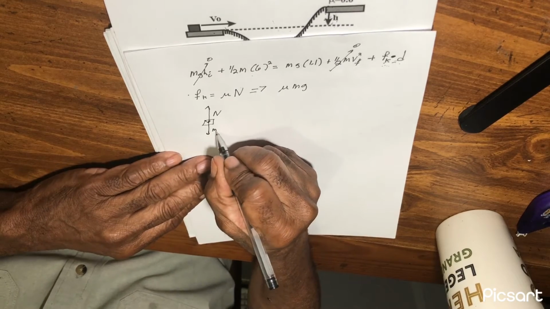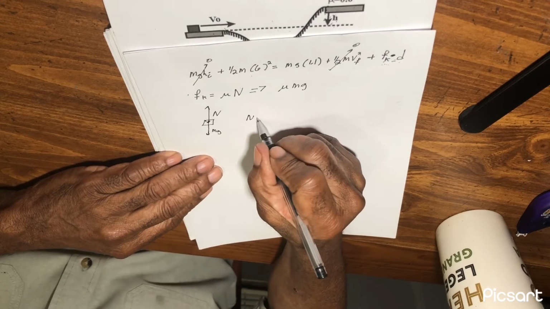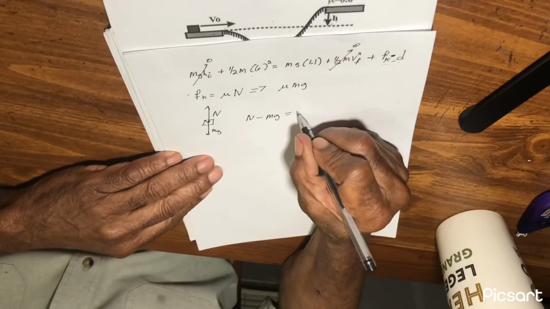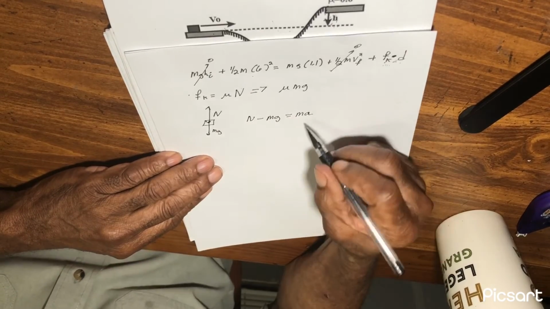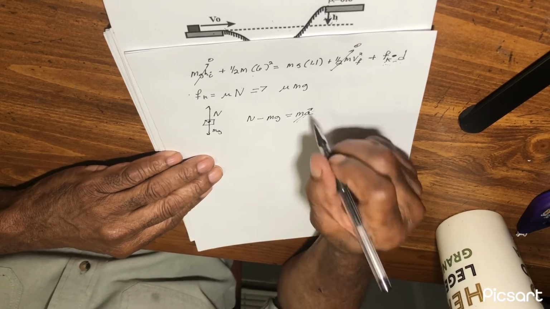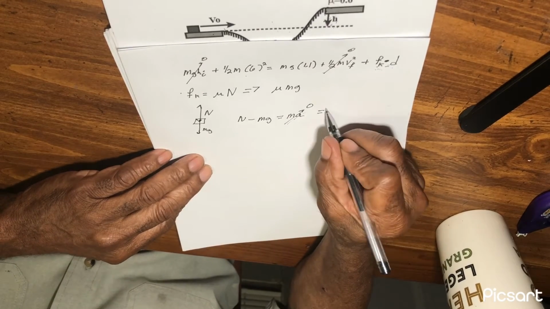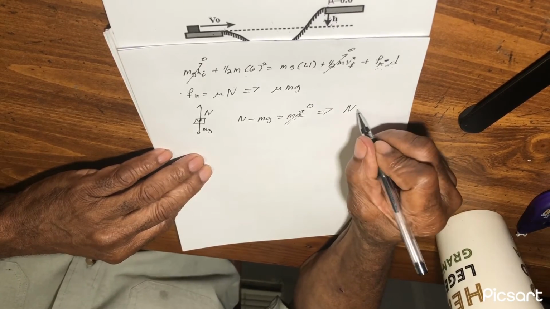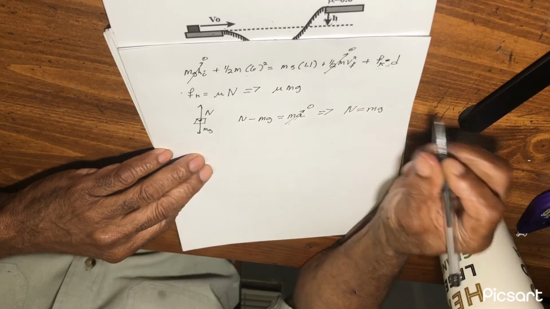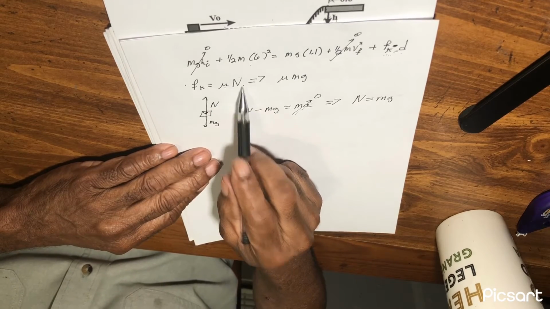This is mg. So n minus mg equals ma. Now we know there's no acceleration in the y direction, so that's equal to 0, and that will go to n equals mg.